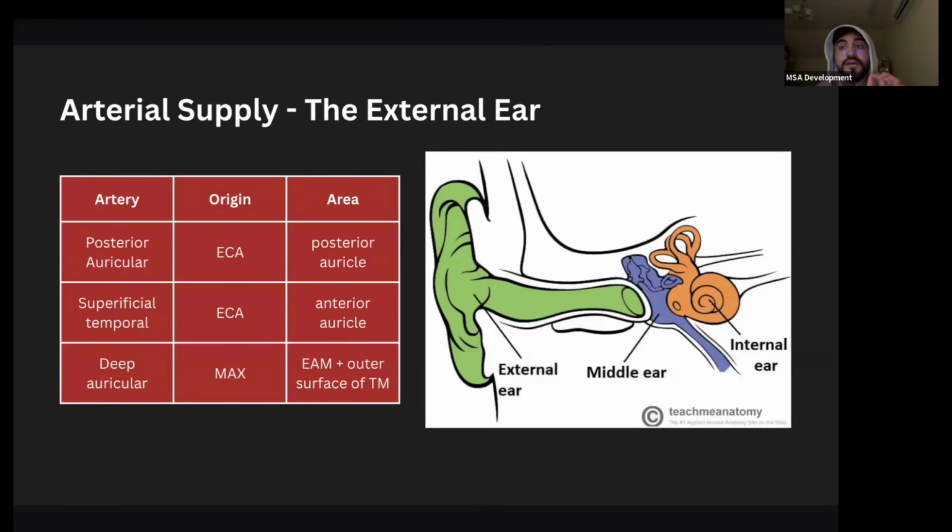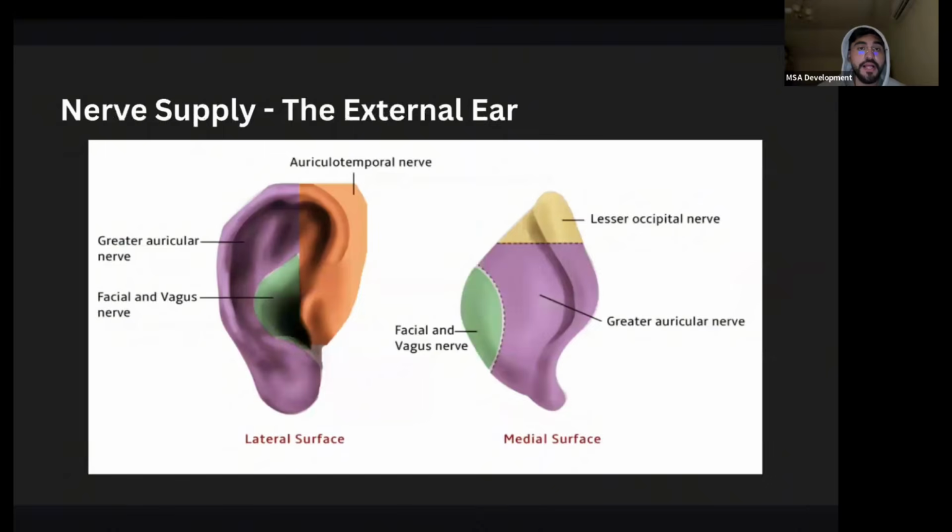Now, where does this branch of the external carotid artery terminate? Parotid. Okay. And then you have the deep auricular artery, which comes from the maxillary artery, supplies the external auditory meatus and the outer surface of the tympanic membrane. Okay. Very important that you know these as well.